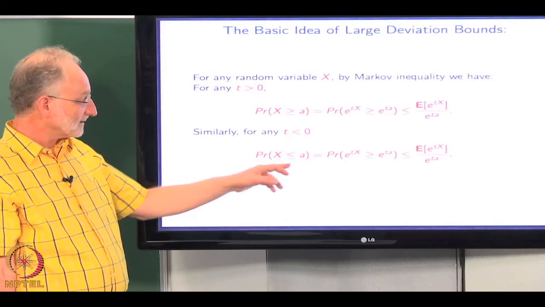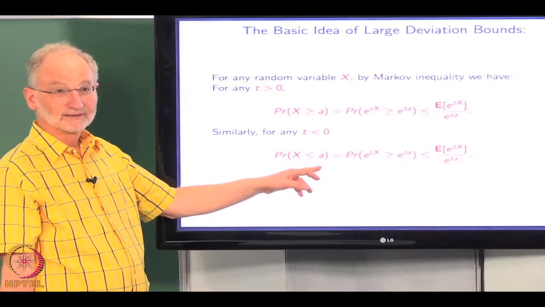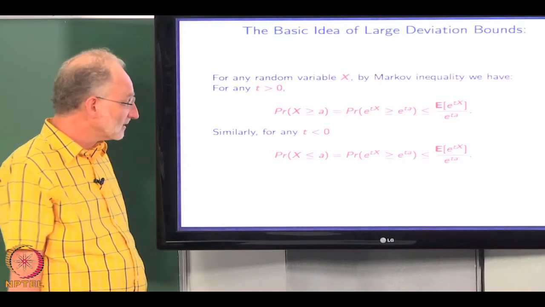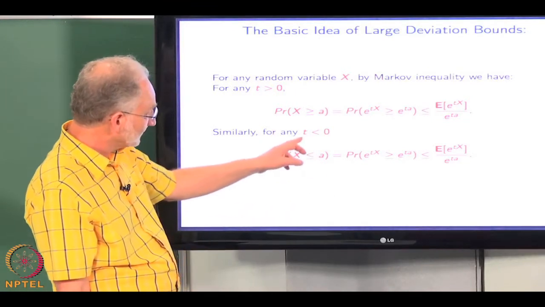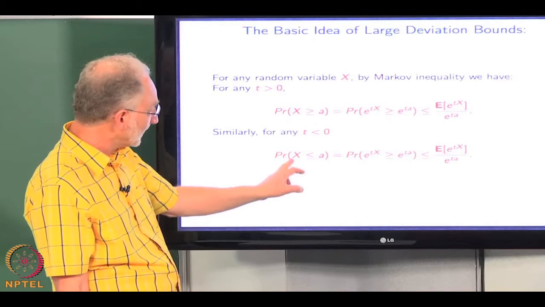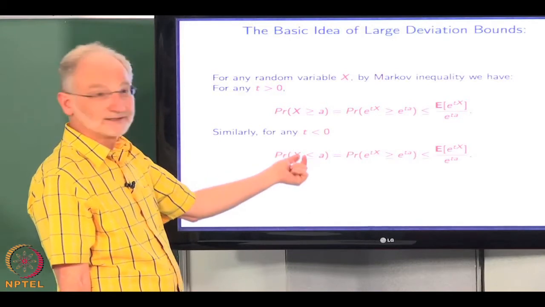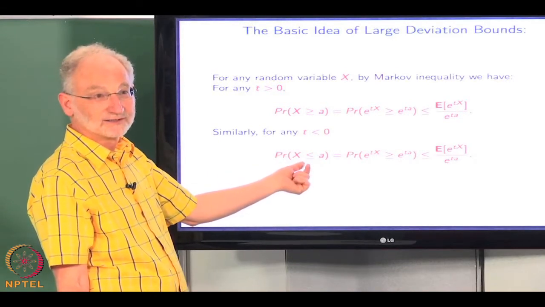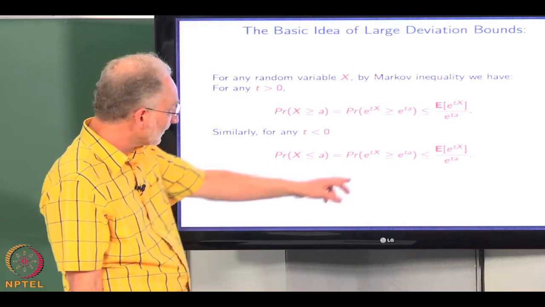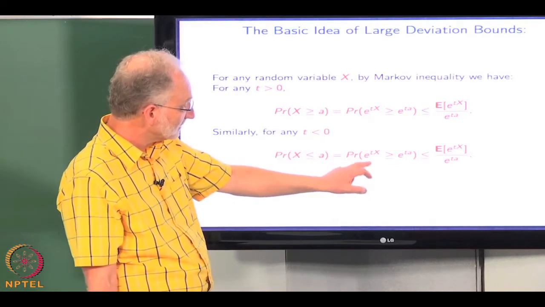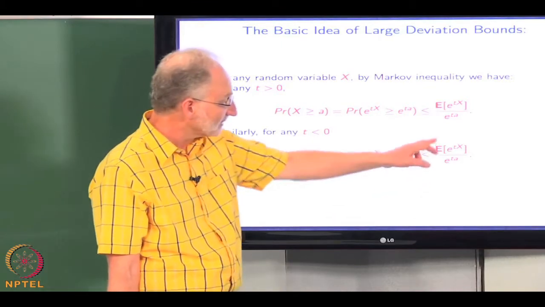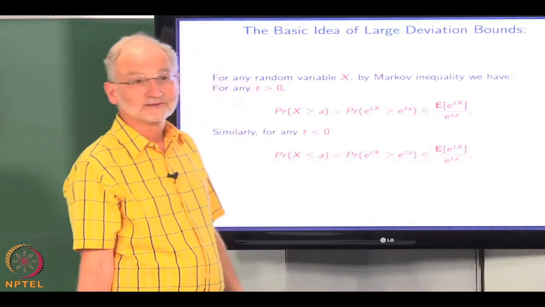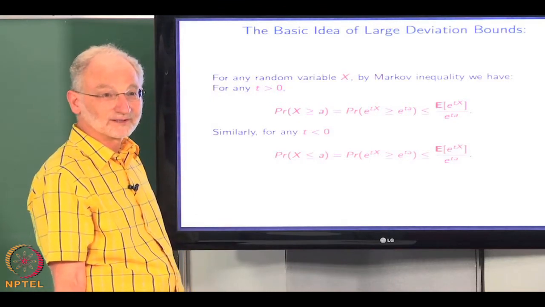So the probability that x is bounded from above by A, well, now t is negative, so if we multiply both sides by t, we switch the inequality. So this is going to look the same, only now t is negative, and we get the same bound using the Markov inequality.